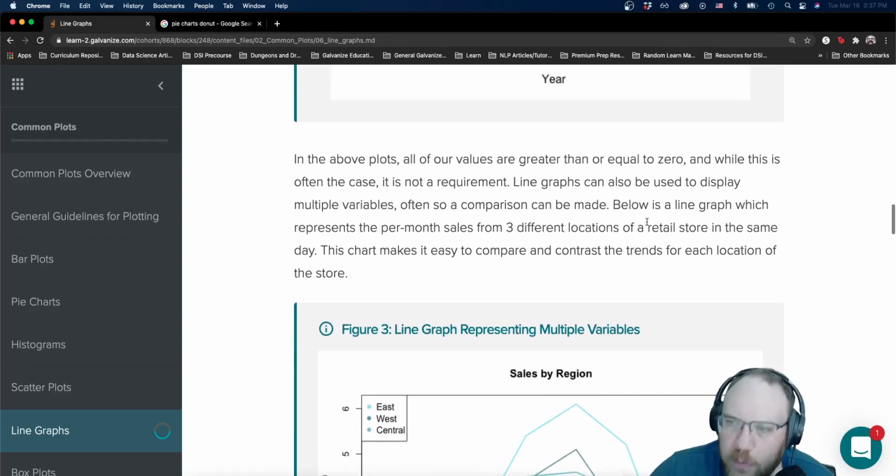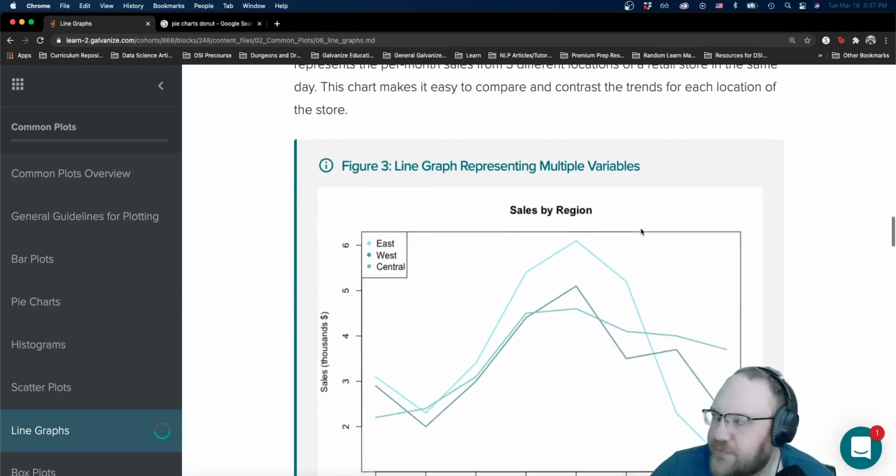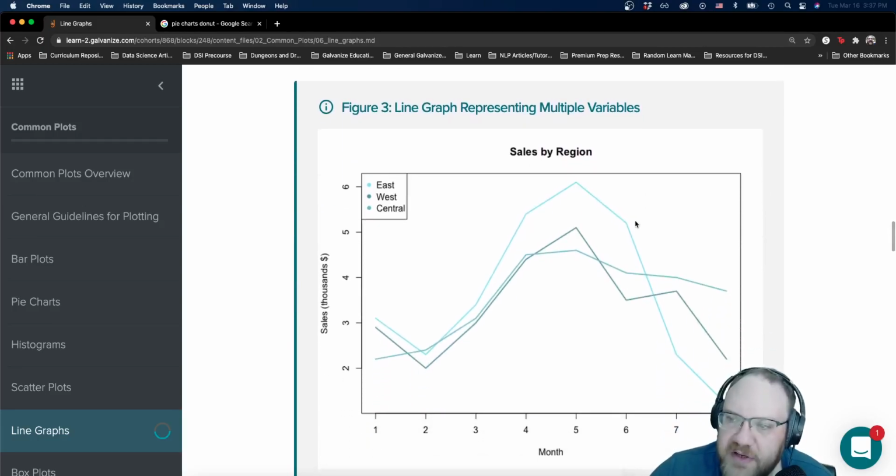And much like the bar plots, right, there are some different variations that you might typically see. Here we again are looking at some sort of fake sales by region, right? And here we can see in the thousands of dollars based on these first 8 months out of the year, that in general the trends are the same, but there is some variance from region to region when you talk about east, west, and central, right?